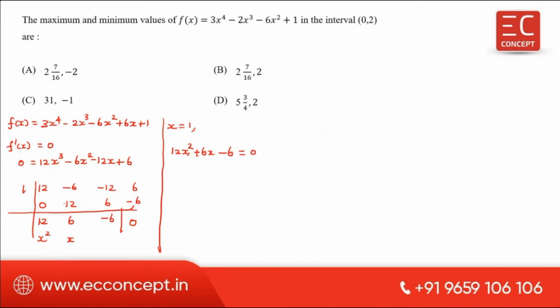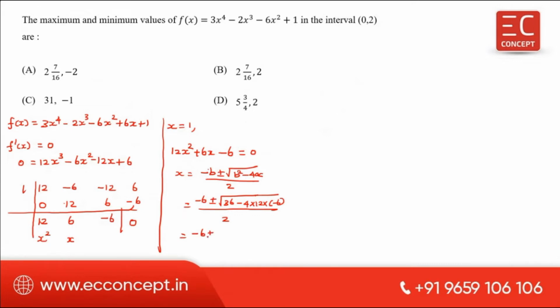So if you simplify this, you can use x equal to minus b plus or minus root of b square minus 4ac divided by 2a. What are a, b, c? Minus 6 plus or minus root of 36 minus 4 into 12 into c, where c is equal to minus 6, the whole divided by 2.